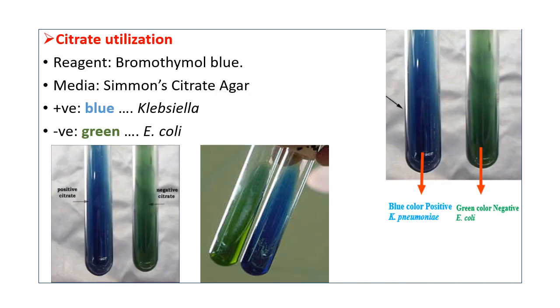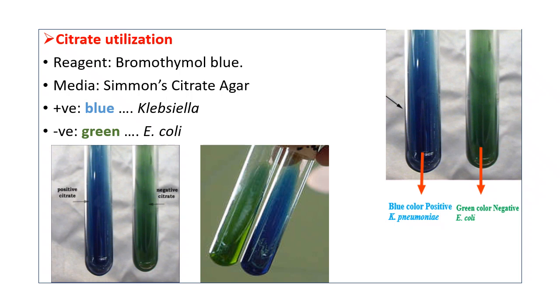And the fourth test of the IMViC test, the citrate utilization test, is used to detect the ability of the bacteria to use citrate as a source of carbon and energy. Not all bacteria have the ability to use citrate as a source of carbon and energy. We use this test to detect which bacteria have this ability.